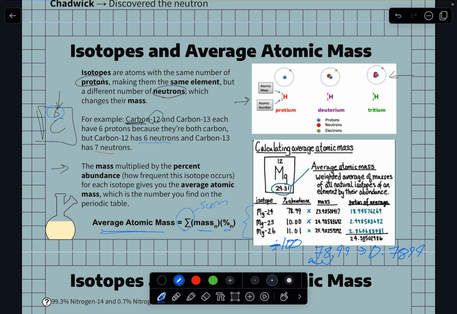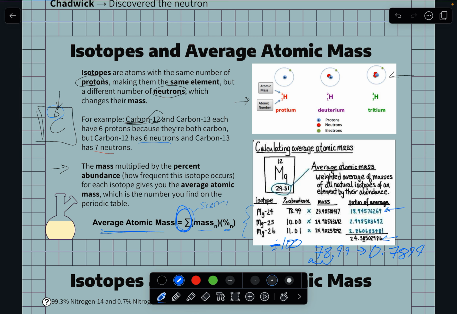So the decimal times the mass gives us this number here on the right. You're going to do that for each isotope. Remember that sum symbol we had at the beginning means you're going to add them up. So if we add up those portions, our answer there is our average atomic mass. Okay. So our average atomic mass is also the number that's on the bottom of the squares of the periodic table.